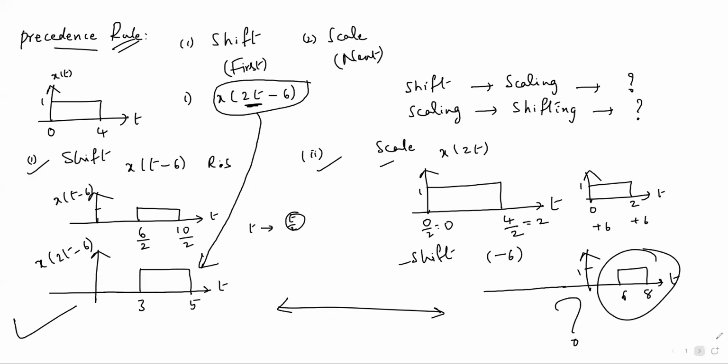Now I will tell you how to give the expressions for such kinds of operations. I'm going to the next phase. Here, for the x of t signal, one thing is shifting, or scaling.